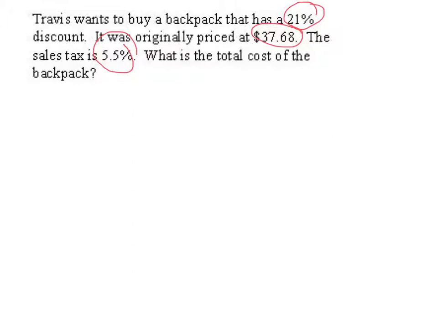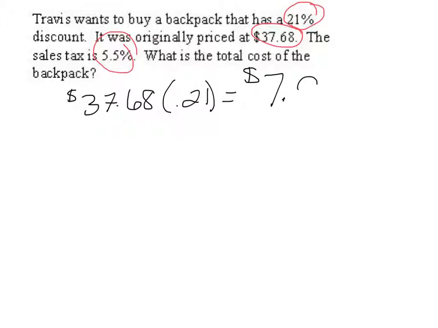So we're going to take $37.68 times 21%, and rounding to the nearest penny, I get $7.91.